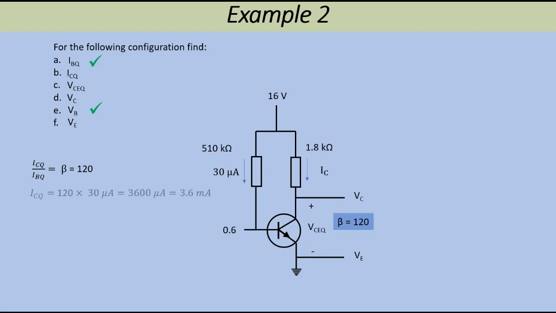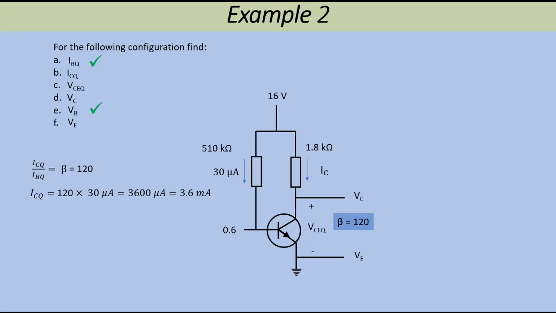So we've got the base current, so we can rearrange this to get the collector current, which is 120 for beta times 30 microamps.